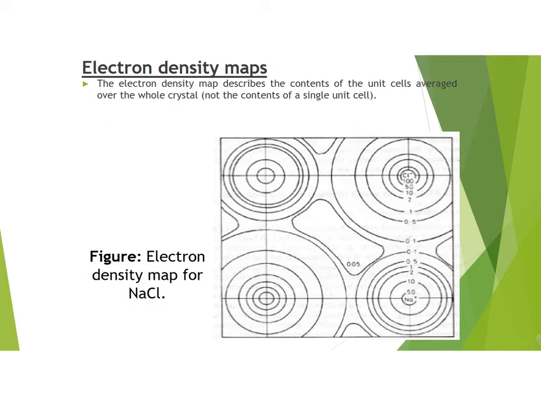It shows the contours of equal electron density surrounding the individual atoms, and the contours are steeper around the heavier atom and more shallow around the lighter atom, as you can see in the figure given here. The figure is the electron density map for NaCl.